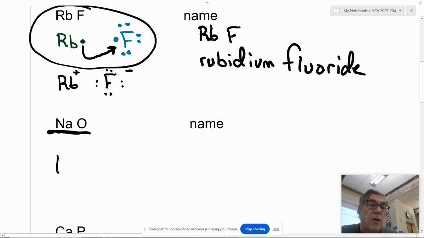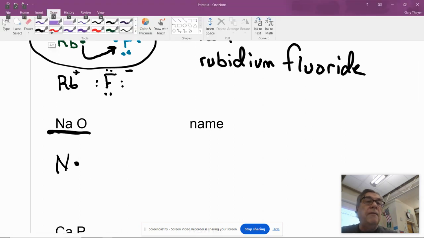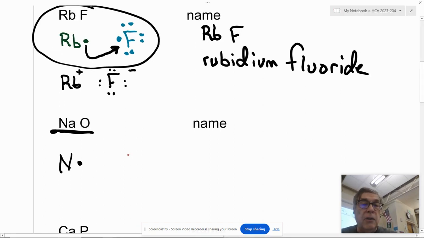So let's write sodium. How many valence electrons does sodium have? 1 is correct. I'm going to just switch to red for oxygen because I like doing oxygen in red. How many valence electrons for oxygen? Yes.